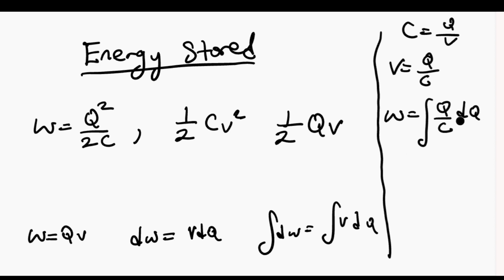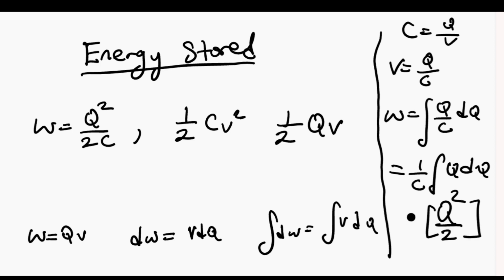If you integrate this, our only constant here is C, that is 1 over C times the integral of Q dq. The integral of Q dq is Q squared over 2, in the bracket of 1 over C. So if you rearrange this very carefully, W is equal to Q squared over 2C.